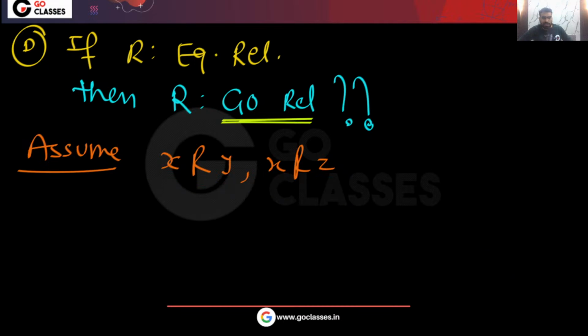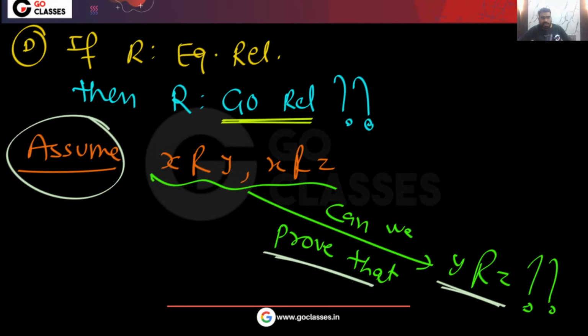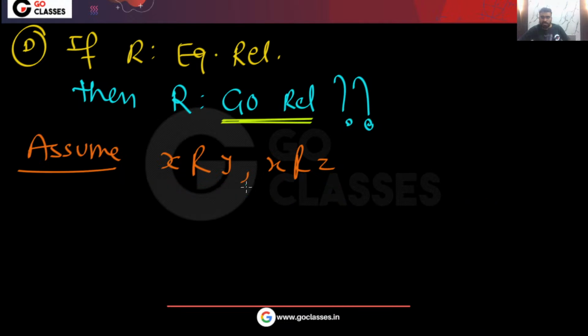This is given that it is an equivalence relation. Because it is equivalence relation, it is reflexive, symmetric, transitive. And we just need to check, can I say y will be related to z? This is what we need. So because R is reflexive, transitive, symmetric, because of symmetric, I can say z is related to x.